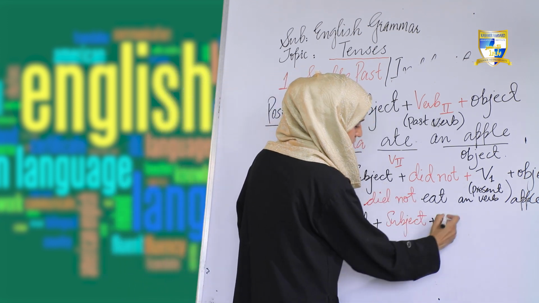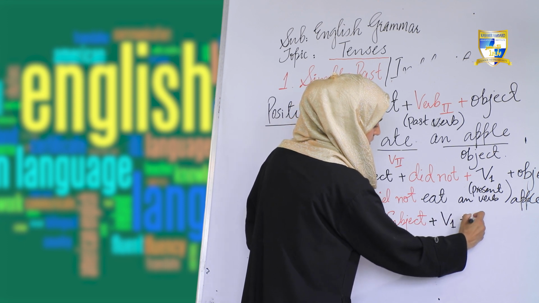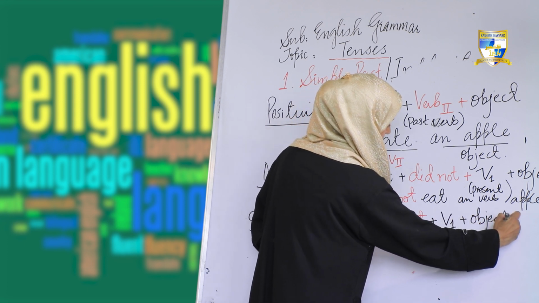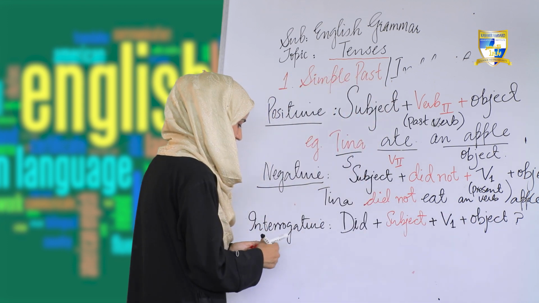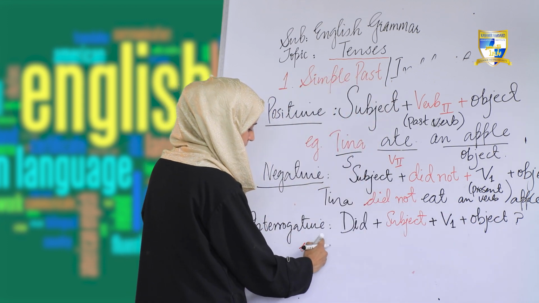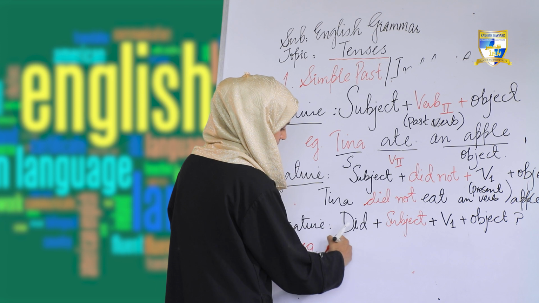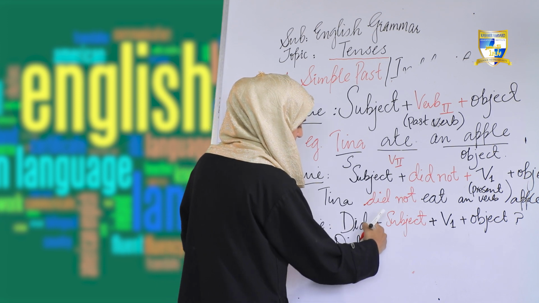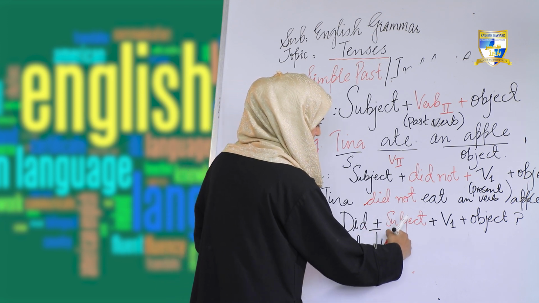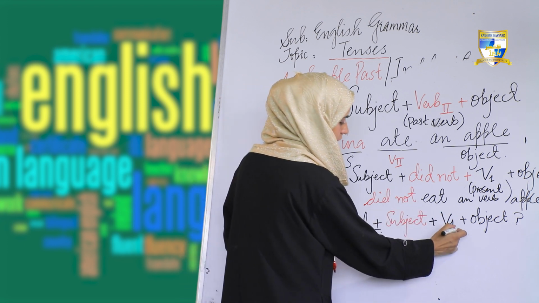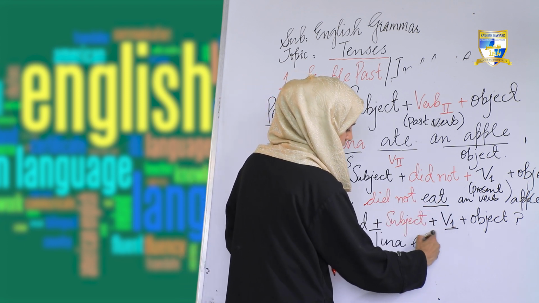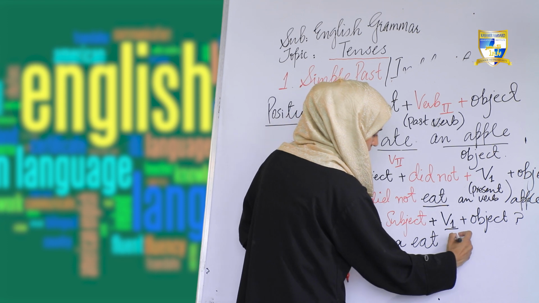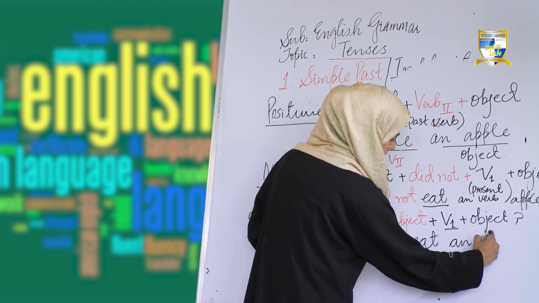Did plus subject plus V1 plus object. Any question? So let's understand with an example. Did, subject is Tina. Did Tina, verb 1, again eat. Did Tina eat an apple?